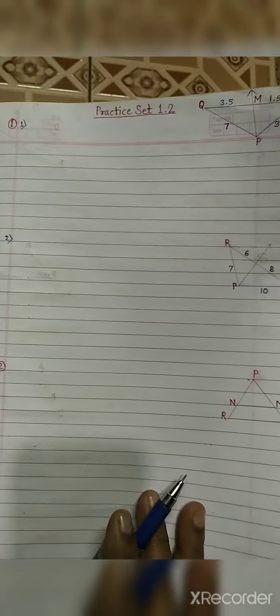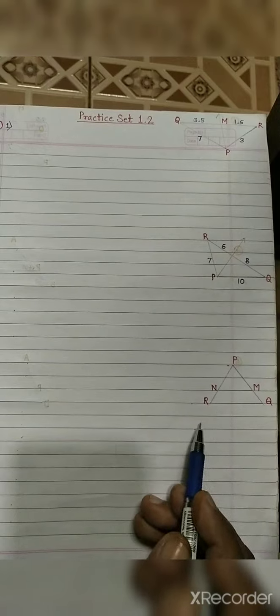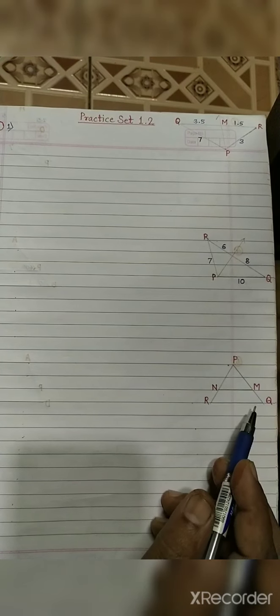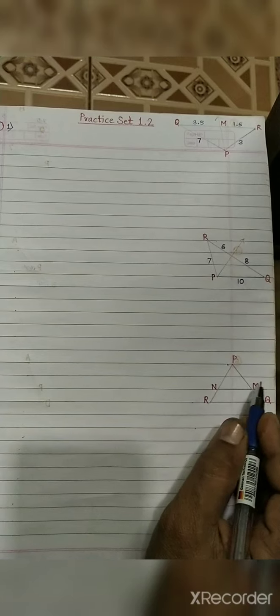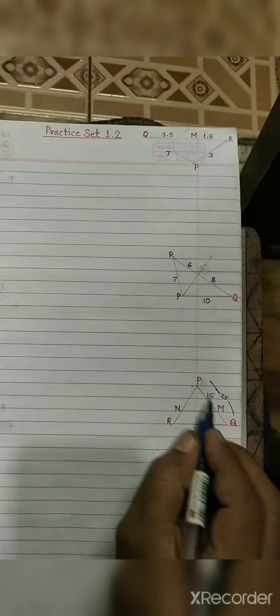Our second example, let us see in this figure. In triangle PQR, PM is equal to 15. Then PQ is equal to 25. Then PR is equal to 20.